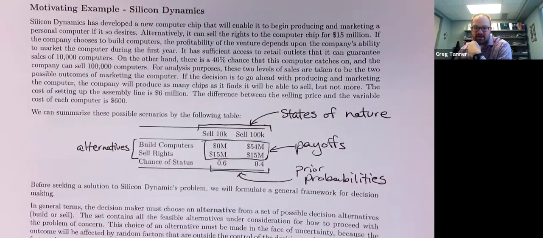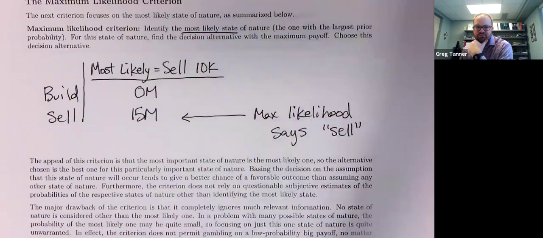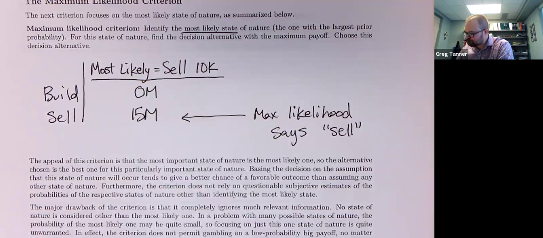So those prior probabilities can be subjective, and instead of worrying so much about their value, all you need to decide on is which is more likely. That simplifies the setup and the thinking through of your states of nature. You don't have to assign a specific probability to each state of nature, but rather you can just decide which is the most likely, and then choose the alternative that does best under the most likely state.